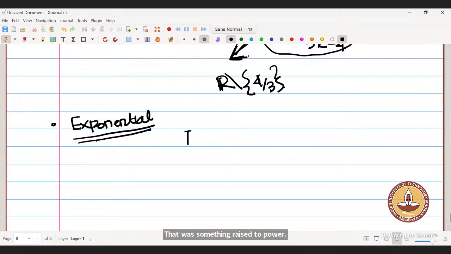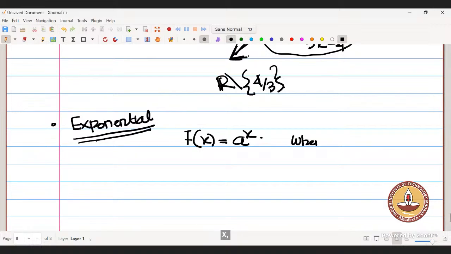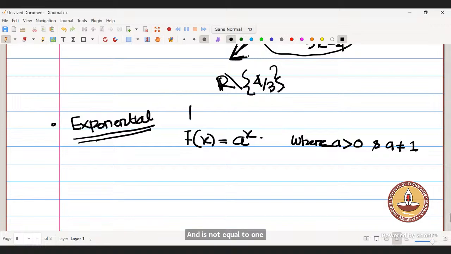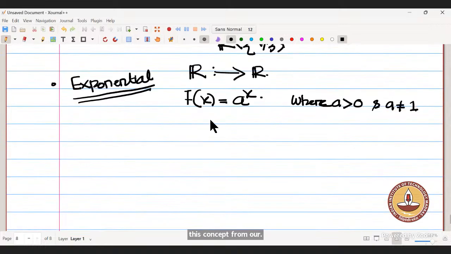So if you have a function of this form, a to the power x, where a is greater than 0 and a is not equal to 1, and here we are taking this function from R to R, then you say the function is an exponential function.